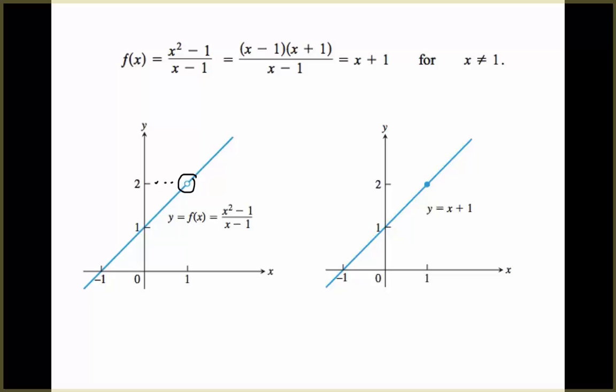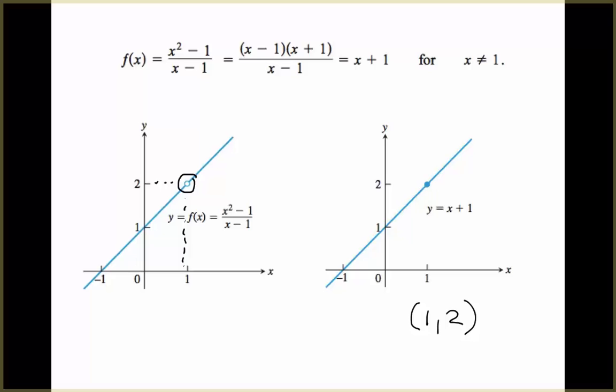And if you compare the graph of y equals x plus 1, we see that this graph actually passes through the point 1, 2. So the hole in the graph of f of x is at height 2, and so it appears that the value of f of x is getting closer and closer to height 2 as x gets closer and closer to the value 1.